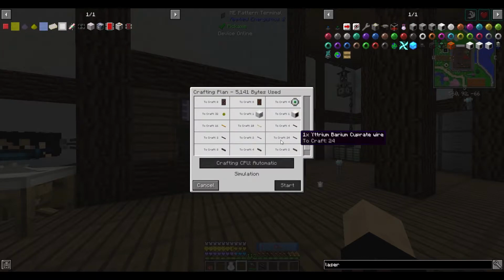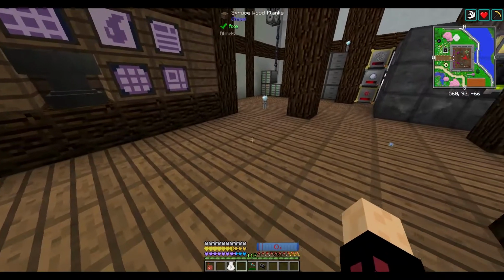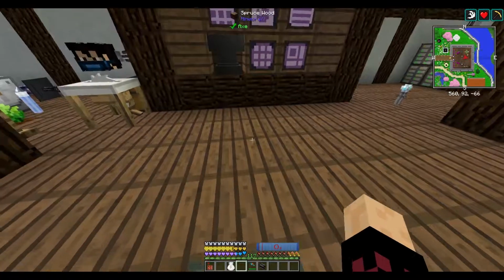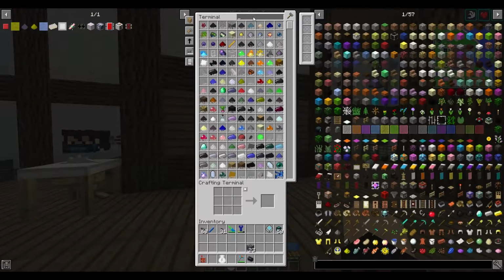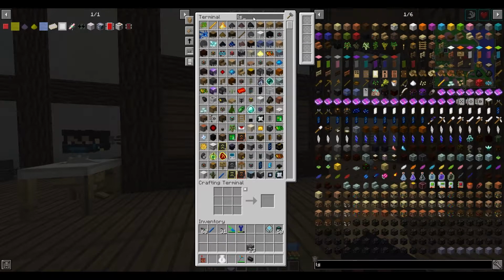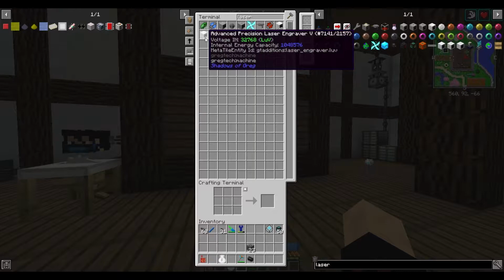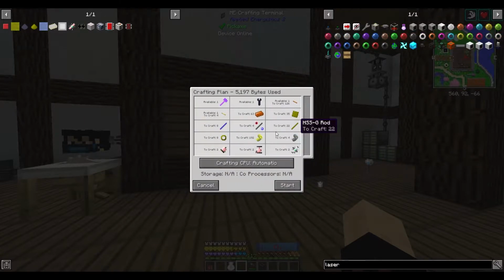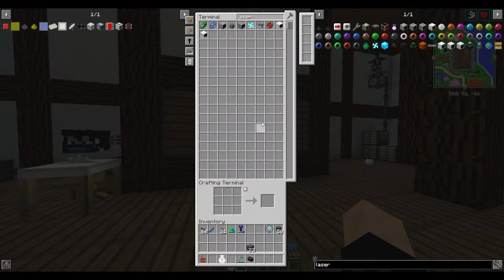What are we missing? Advanced system on chip. Really? Oh, okay, we need these. Haha. Okay. So if we do that now, can we order our laser engraver? Let's make one, sorry. And yep, there we go.